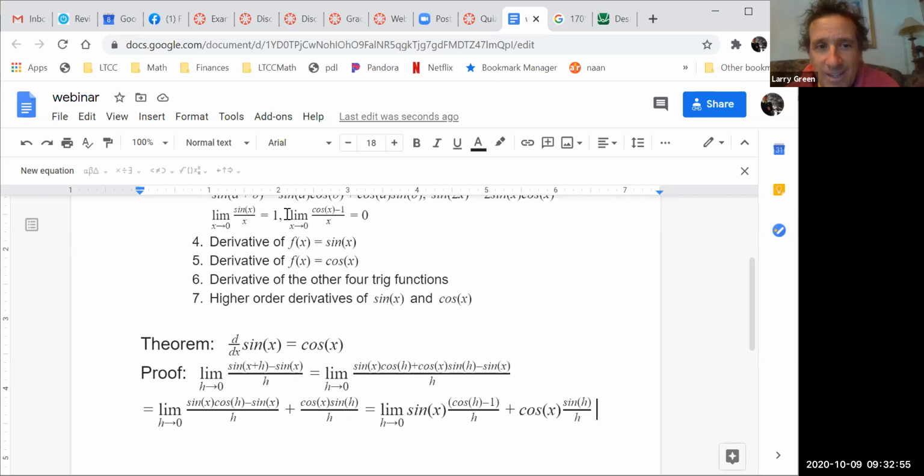That's the hint, we had that right here, except it's an x. A letter doesn't matter. Whether it's an h or an x, it doesn't make any difference. So cosine of h minus 1 over h, as h goes to 0, goes to 0. Got it? So what we get is 0 plus cosine of x, which is just cosine of x.